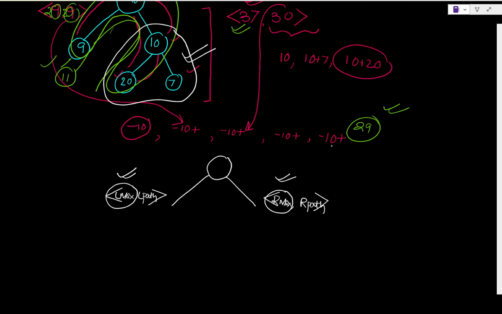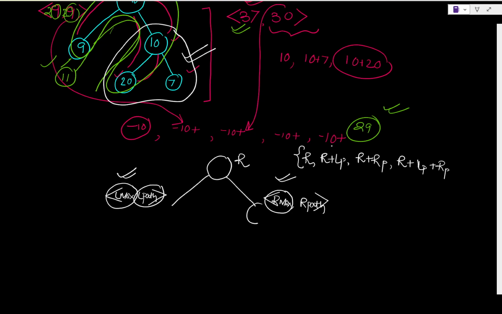In that case, you track the left path and right path, and then you can have multiple possibilities. So if I represent the root by R, then there will be four cases. Either it is only R, or it is R plus left path, or it is R plus right path, or it is R plus left path plus right path.